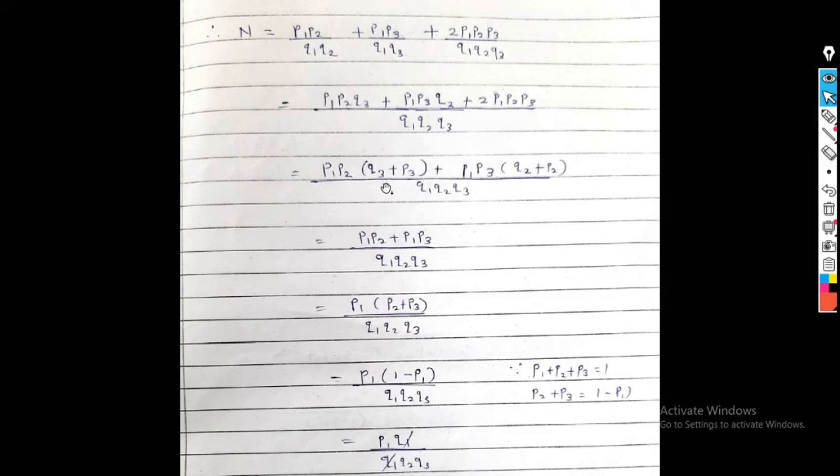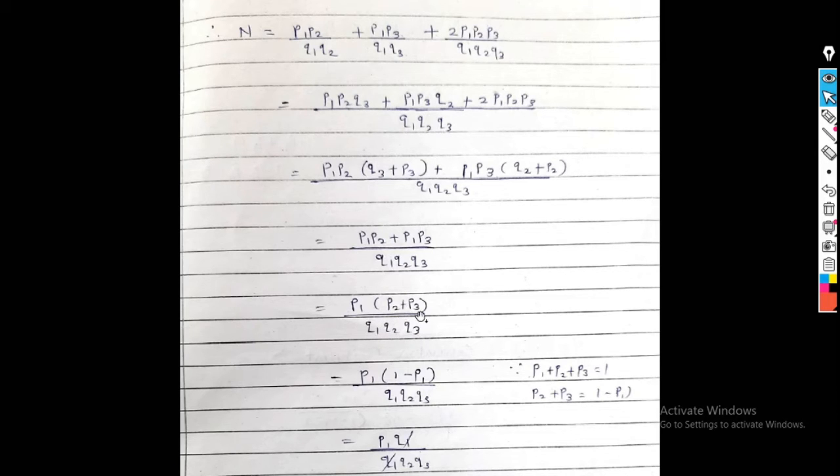So in the bracket we get q3 plus p3, and again p1 and p3 are common and we get q2 plus p2, divided by q1 q2 q3. We know that p plus q is equal to 1. So q3 plus p3 is also 1, and q2 plus p2 is 1. So we get p1 p2 plus p1 p3 divided by q1 q2 q3. Again p1 is common here, so we get p1 times p2 plus p3 divided by q1 q2 q3.